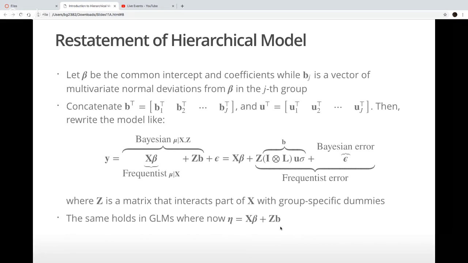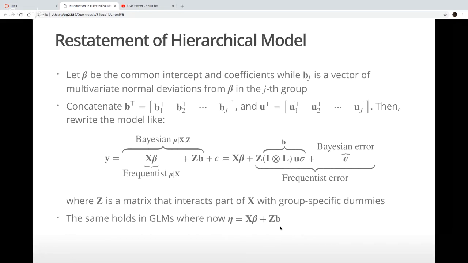And B can in turn be decomposed in this form, where we have a Kronecker product between the identity matrix and the Cholesky factor of the covariance matrix times U, which we'll see gets independent standard normal assumptions associated with it.